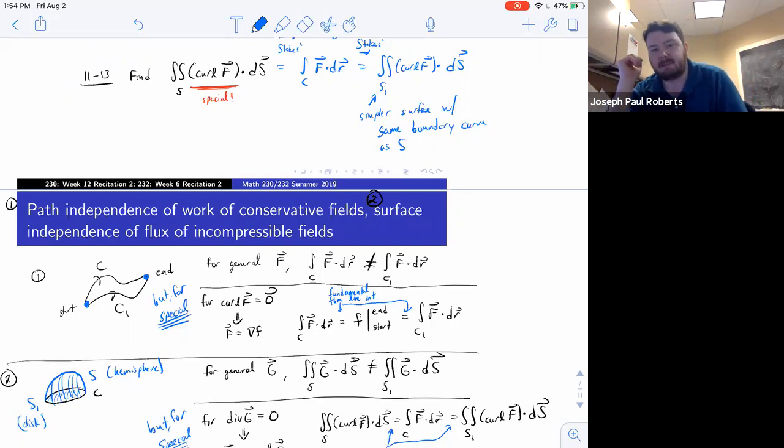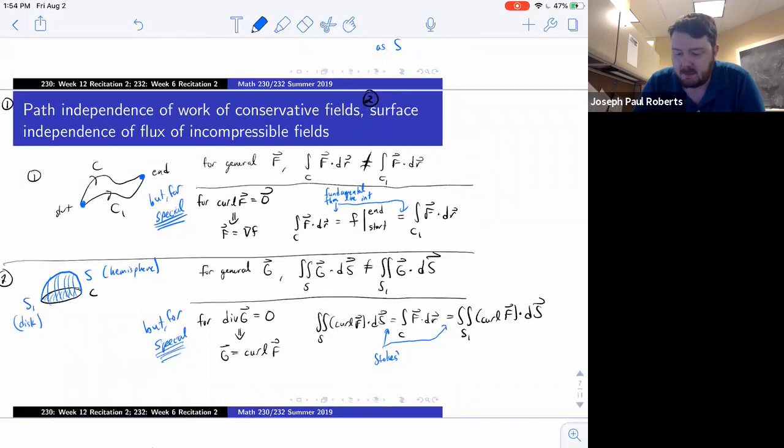So that's the idea. If you're going to eventually solve this, you're exploiting this surface independence of that. So anyway, that's the concept. Okay.